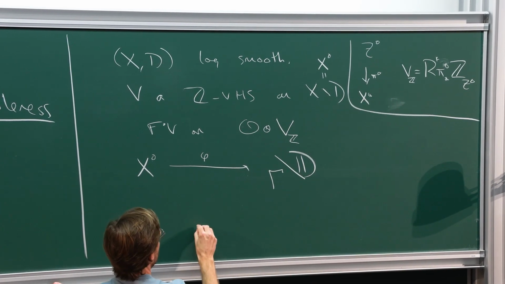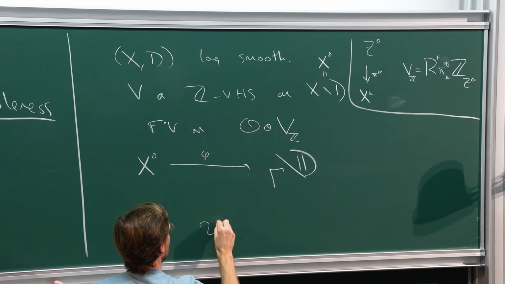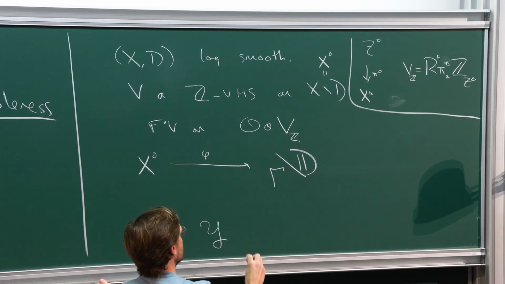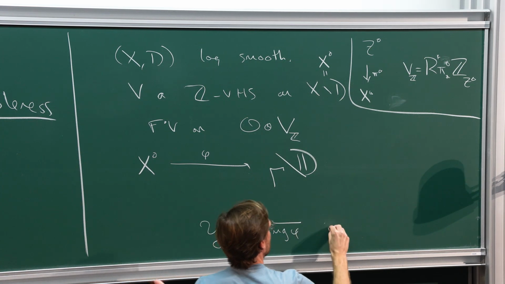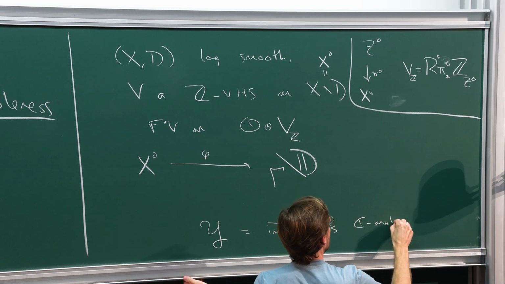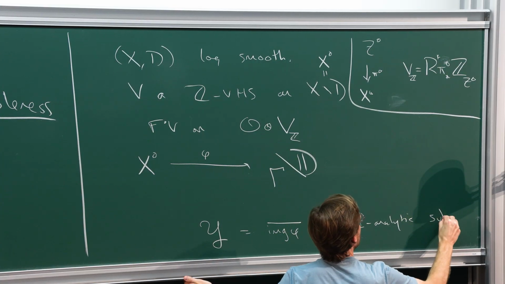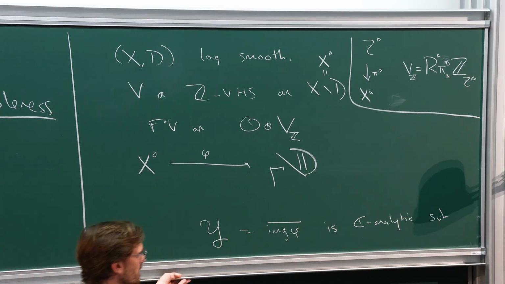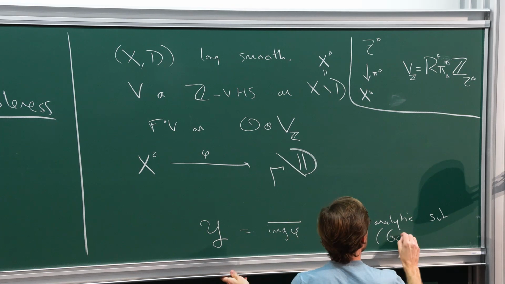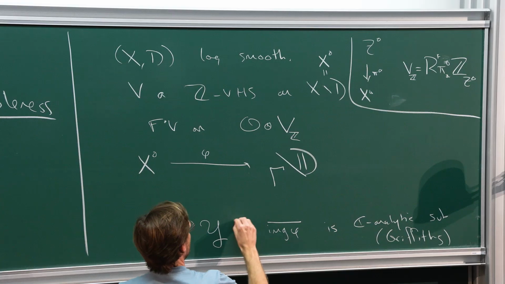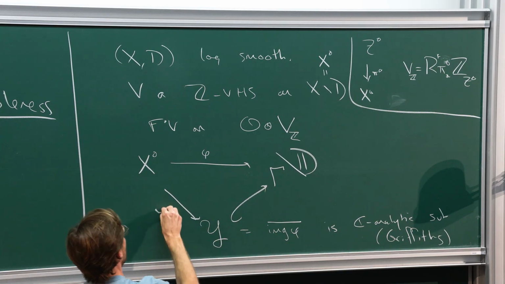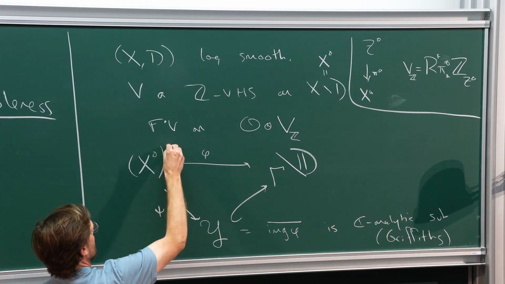So in other words, the closure of the image makes sense as a complex analytic subvariety, because this is naturally a complex analytic variety. This is due to Griffiths. Okay, so we get a factorization of this map. This is really living in the analytic category.